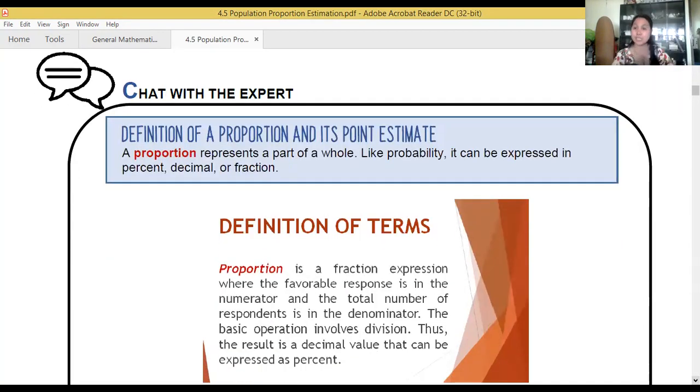If we say proportion, that is representing a part of a whole. Remember, proportion is synonymous to probability, percent or percentage, decimal, fraction, and percentile. A proportion is a fraction where the favorable response is in the numerator and the total number of respondents is in the denominator.